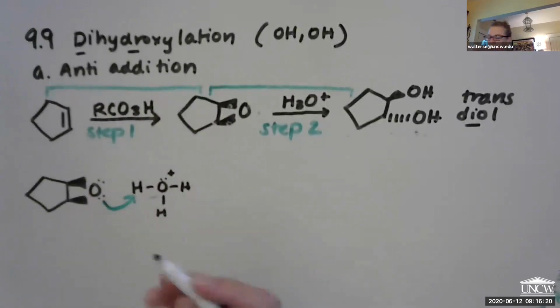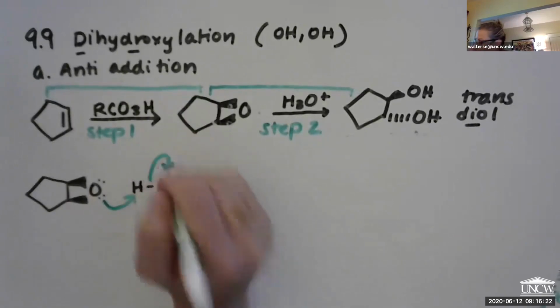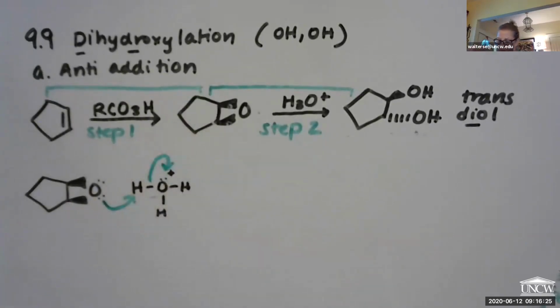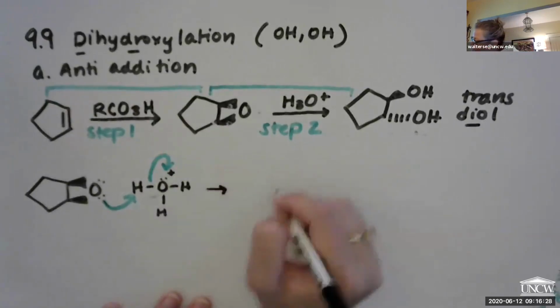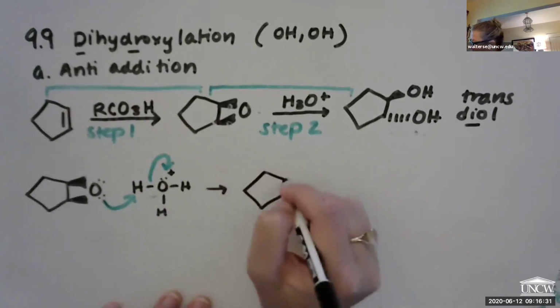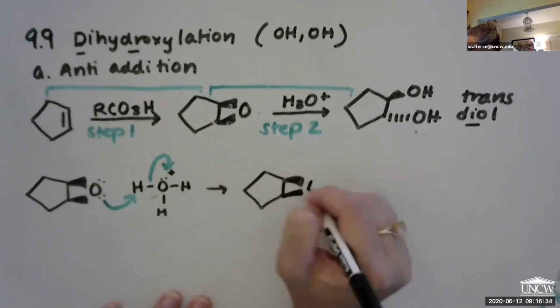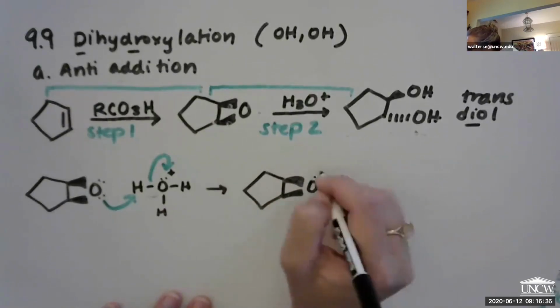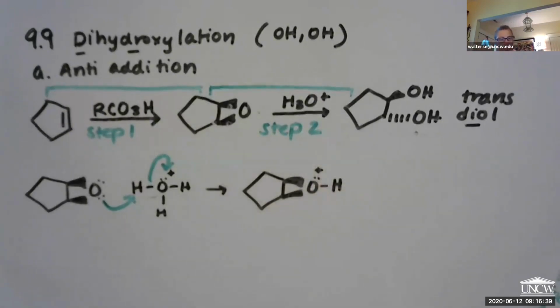Oxygen takes the proton. These sigma electrons go onto the oxygen. So you form this species. You still have your epoxide, but now it's protonated. So the oxygen is being forced to carry a positive charge, so it's pulling on electrons in the bond. These two from the hydrogen, these two, and these two from the wedge bonds.